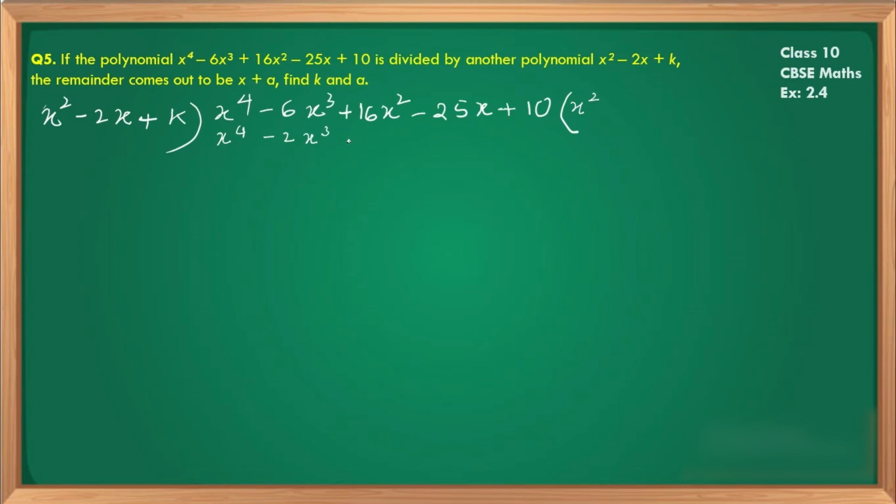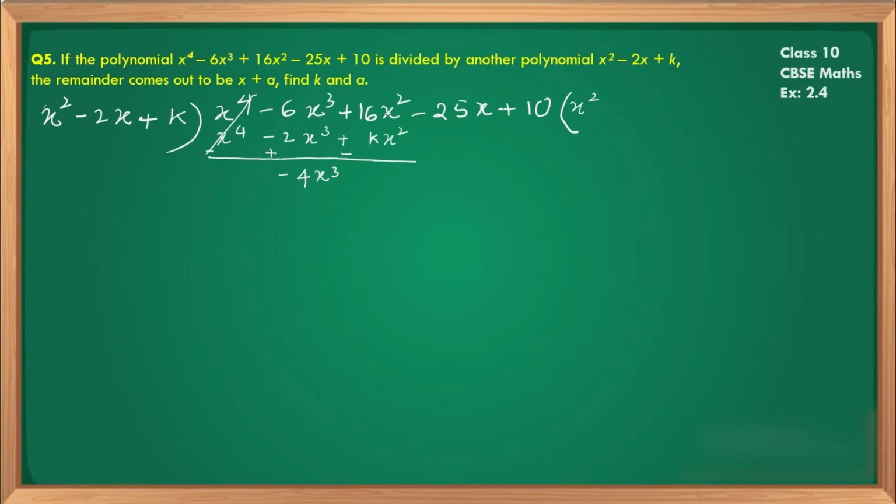You can write down here plus kx square. Now we can start subtracting. This minus becomes plus, and lastly this also becomes minus. Now this gets cancelled and minus 6 plus 2x cube will give you minus 4x cube.